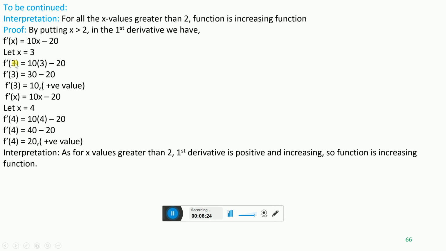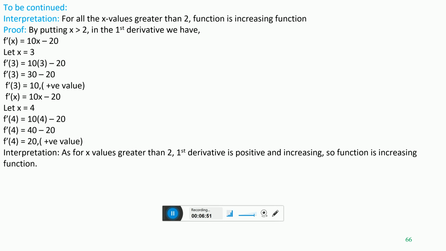So f prime of 3 is equal to 10 multiplied by 3 minus 20. F prime of 3 is equal to 30 minus 20. F prime of 3 is equal to 10. So when we put x equal to 3, the first derivative value is 10, which is greater than 0, and it means the first derivative for x equal to 3 is positive.